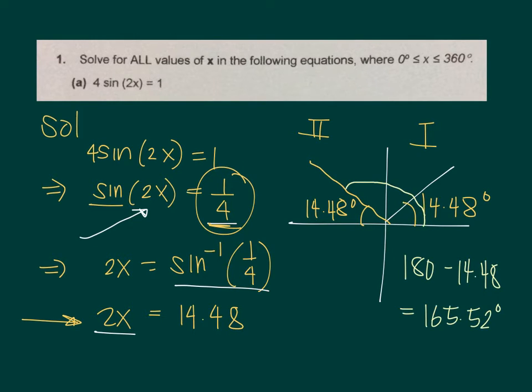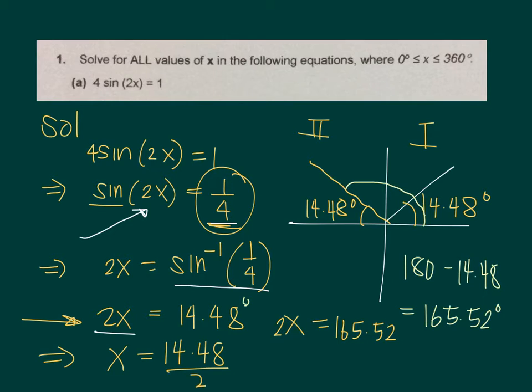So aside from 2x equals 14.48 degrees, the other value for 2x is equal to 165.52. So to get the x, x is equal to 14.48 divided by 2, and x is equal to 165.52 divided by 2.